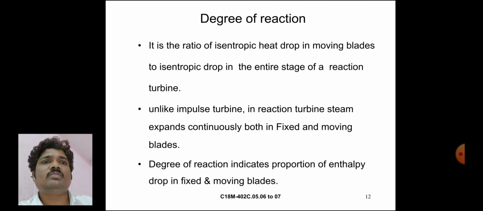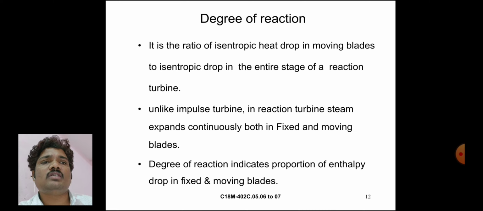Unlike an impulse turbine, in a reaction turbine steam expands continuously both in fixed and moving blades.